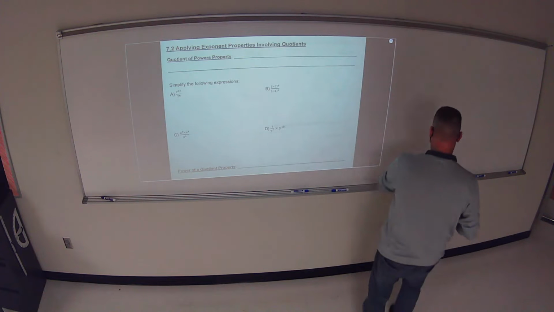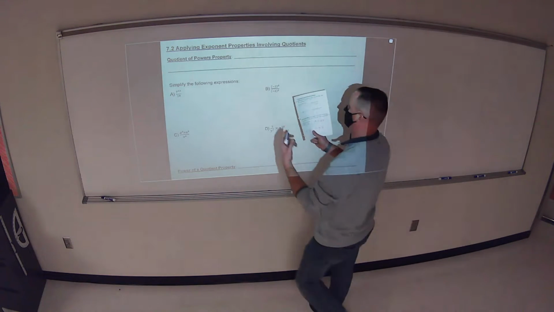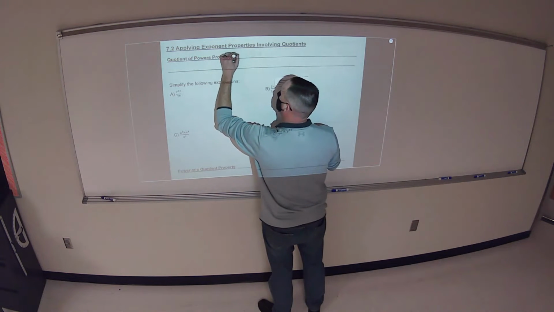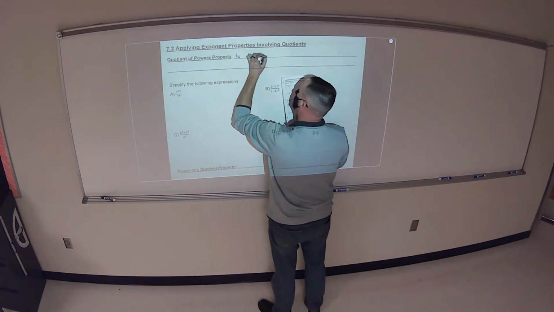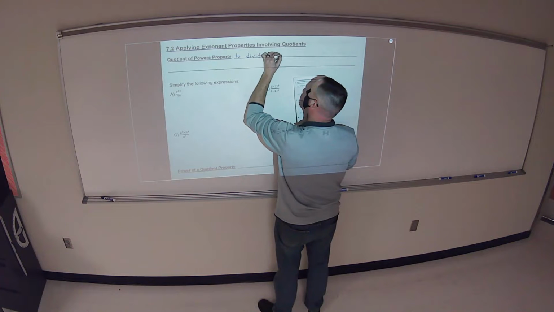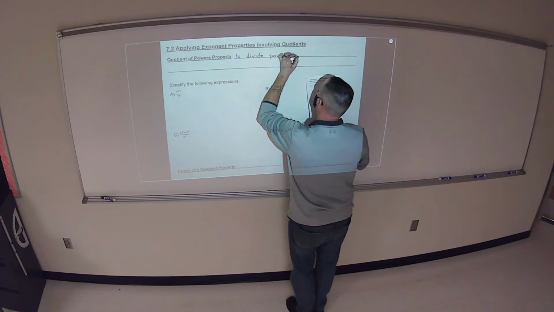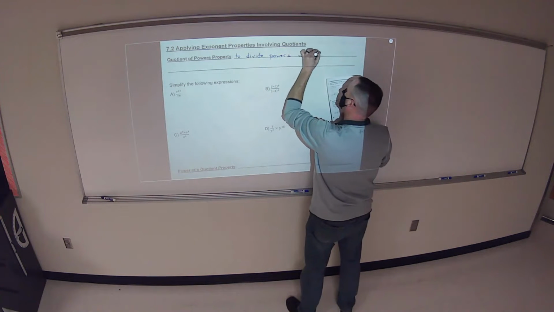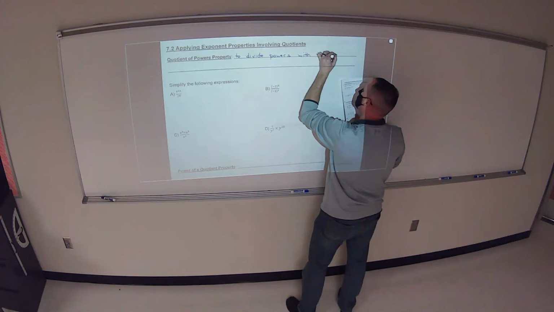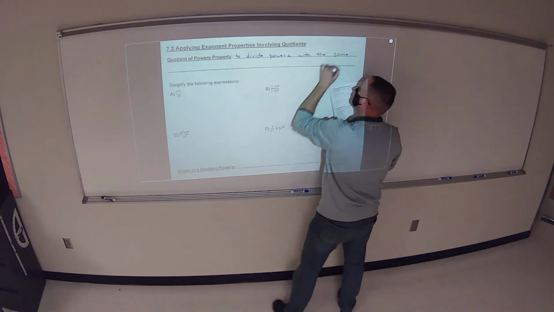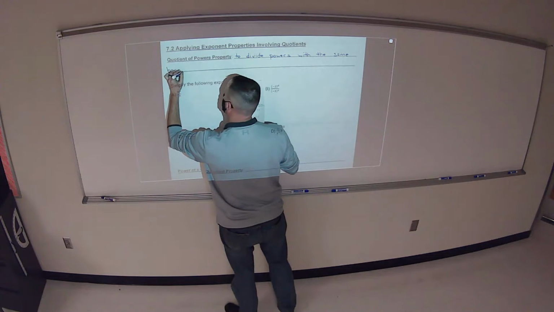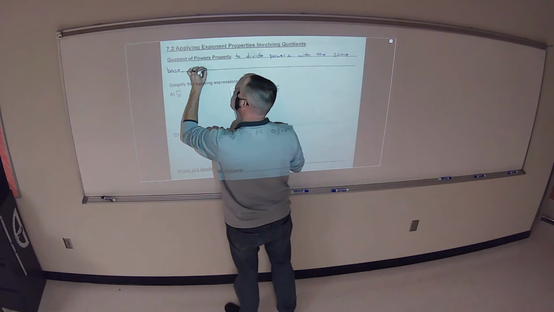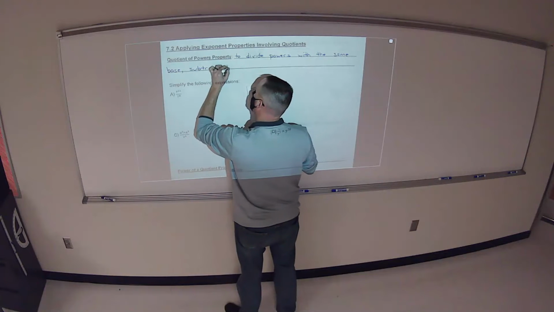So the quotient of powers property says to divide powers with the same base, subtract the exponents.